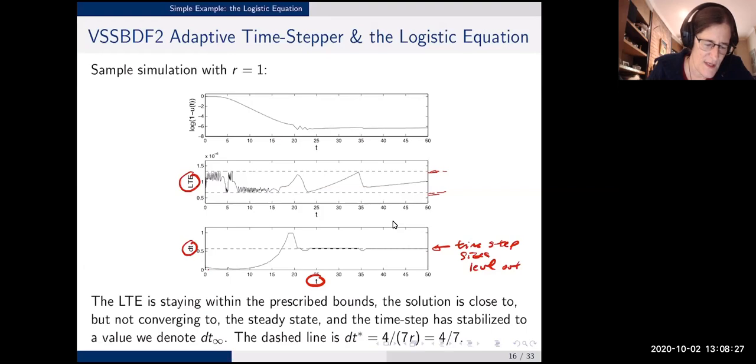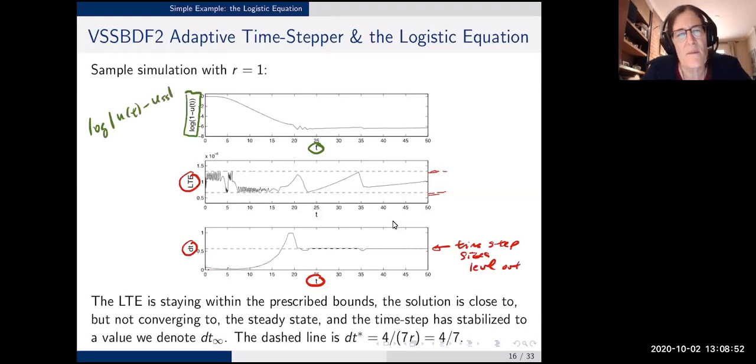Now, this is the thing that is the most striking. Here, what I'm doing is plotting the distance from the steady state. So this is the logarithm of u of t minus the steady state.